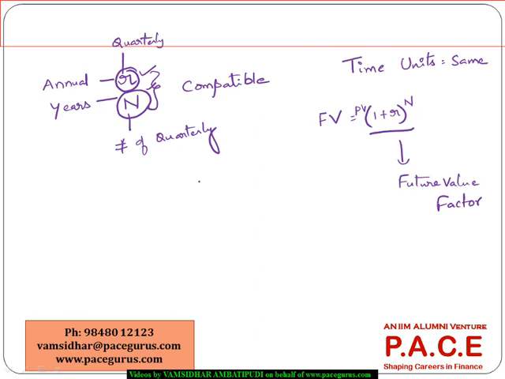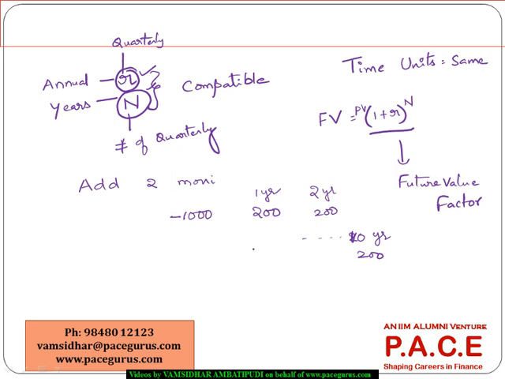A few important points that we need to keep in mind: when I have to add two monies, it's basically like if I deposit 1000 today, I'm getting 200, let's say after 1 year, 200 after 2 years, like that, let's say I'm getting 200 up to 10 years.